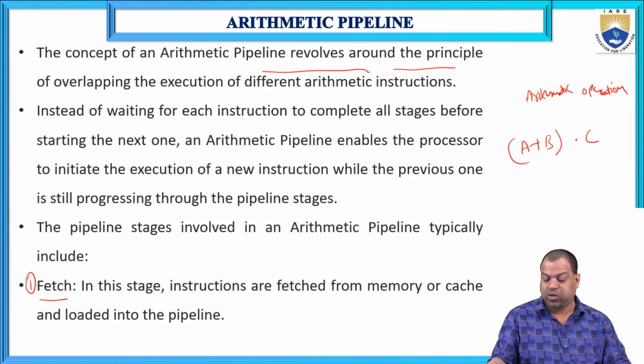Suppose A plus B into C. So we have to do multiplication here, but multiplication will be performed after the completion of this addition. If we get the result of A plus B, then only we can perform this one.